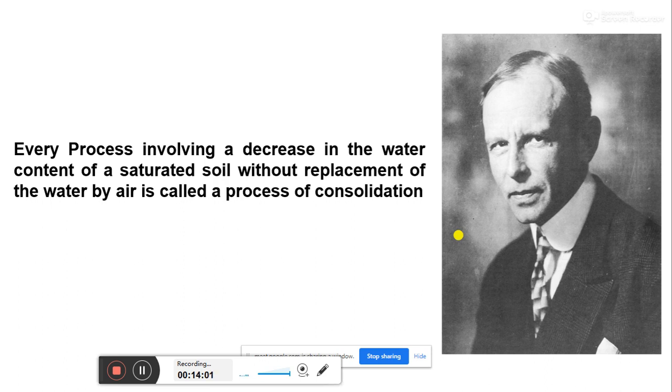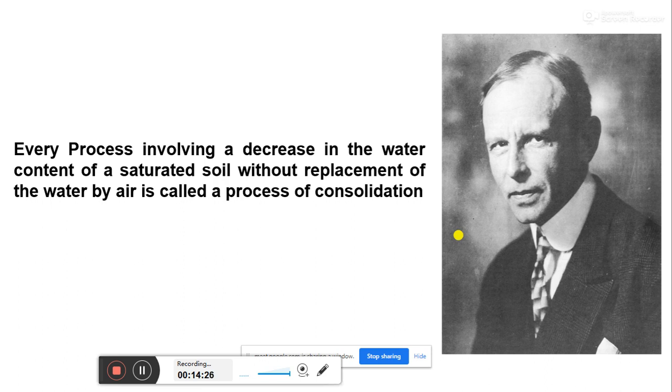According to Terzaghi, in 1923, every process involving a decrease in the water content of a saturated soil without replacement of the water by air is called a process of consolidation.